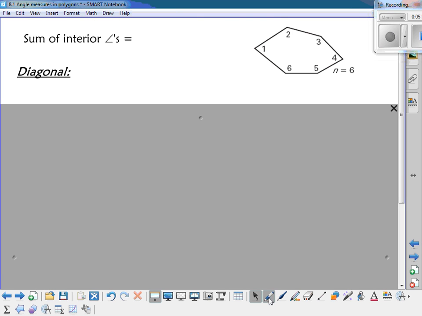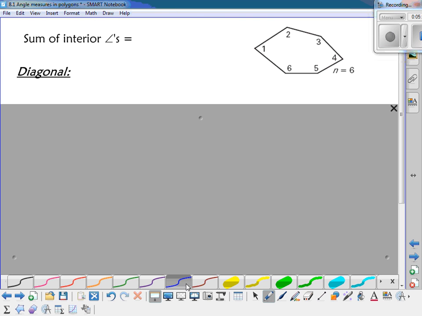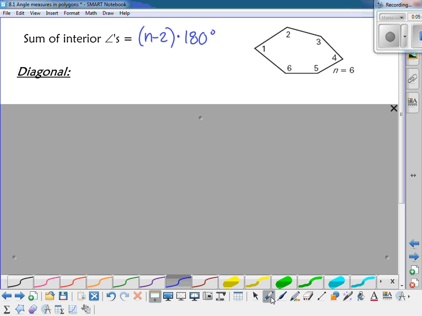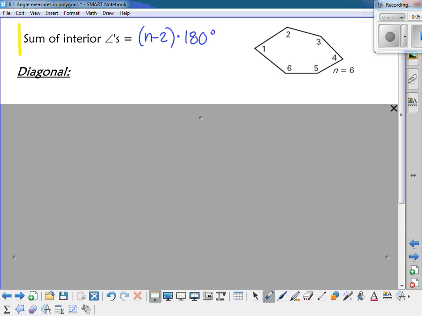So the sum of the interior angles of any polygon is the number of sides minus 2, times 180. That is a formula that you should memorize. Make yourself a flashcard, do whatever you have to do to memorize that.